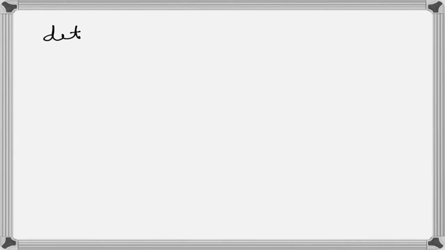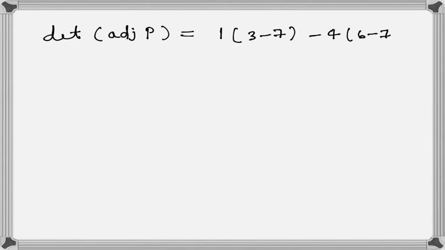So determinant of adjoint of P is given by 1 into 3 minus 7, then minus 4 into 6 minus 7, plus 4 times 2 minus 1.